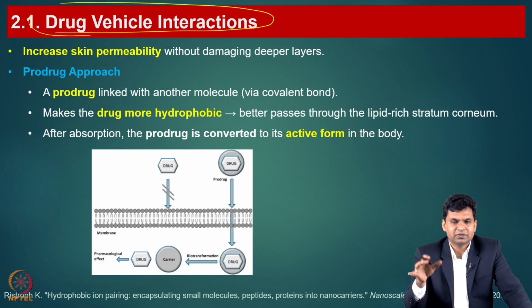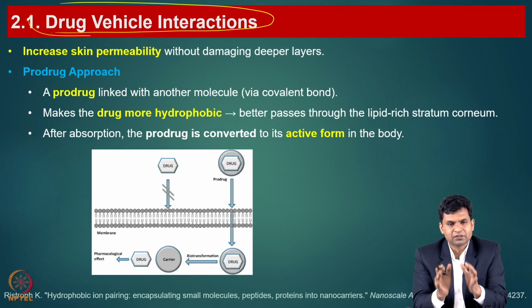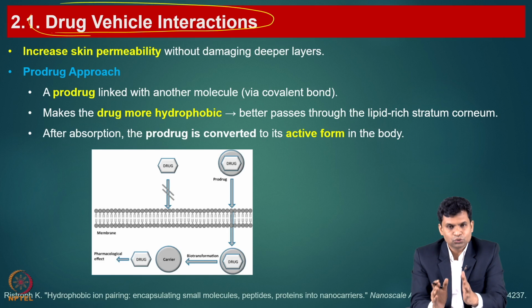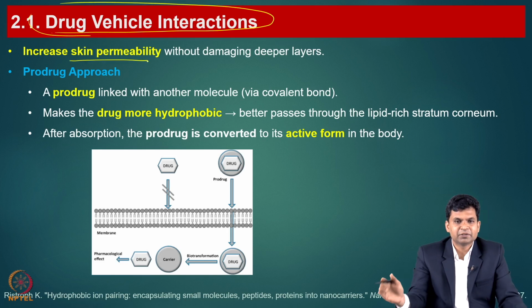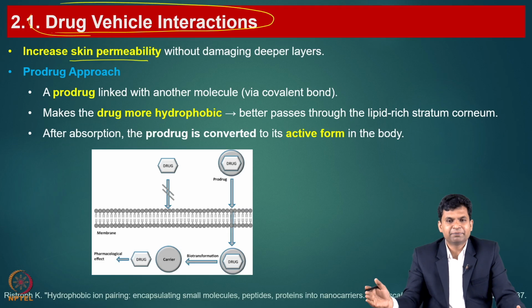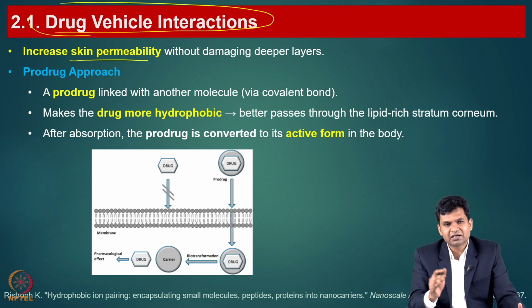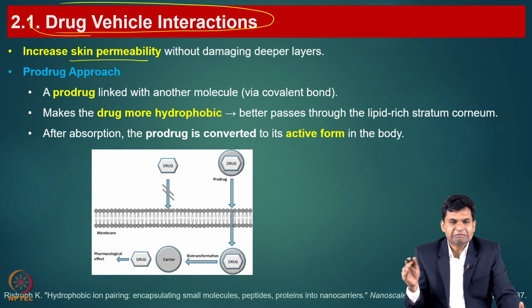Our aim in this particular topic is ultimately to improve permeability through the skin. That is the main purpose, to increase skin permeability without damaging the deeper layers. These drug vehicle interactions will not damage the skin layers.